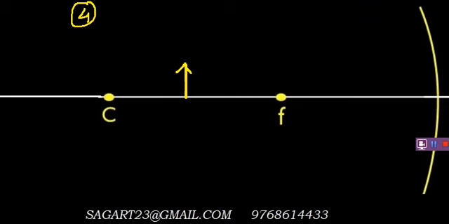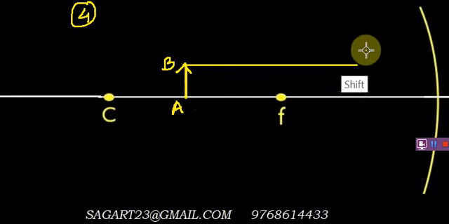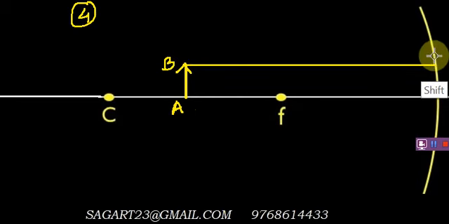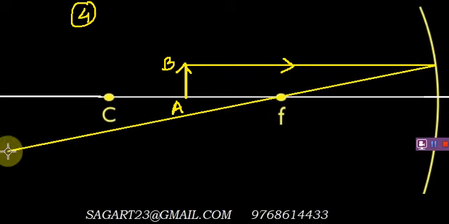So we have this object. Okay, let's label this object as AB. So I take the first ray, which is parallel to the principal axis, and we note now that this ray after reflection will pass through the focus.